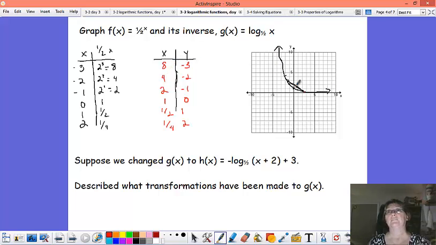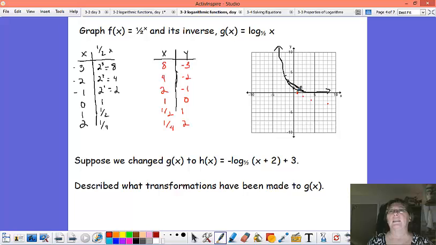Notice that this exponential is decreasing since it has that b value that is between 0 and 1. When x is 8, y is -3, so down here. When x is 4, y is -2, so right there. At 2, we're at -1. At 1, we're at 0. So this time we get an x-intercept.